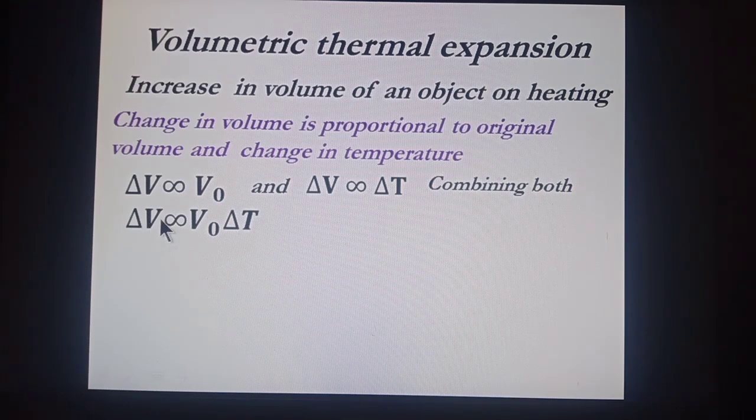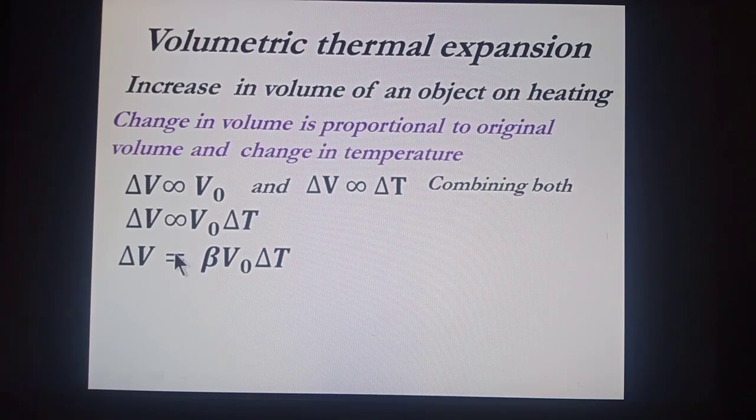Change in volume is directly proportional to original volume and change in temperature. Now again, replacing this sign of proportionality with sign of equality, what we get: change in volume is equal to beta V naught delta T.